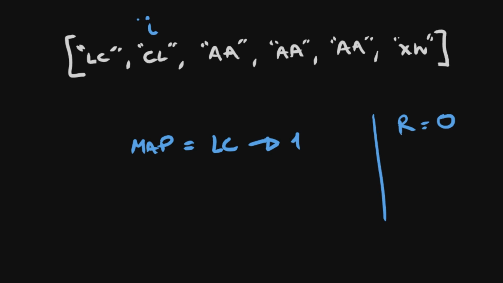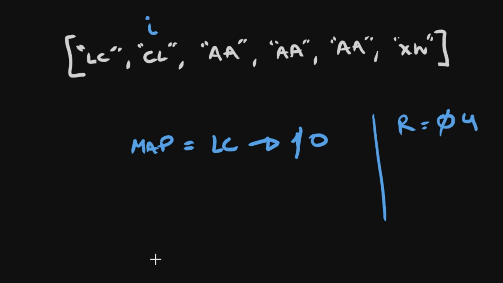Next, we update the i pointer and we are checking if we have LC in our map. And we do, it's here. So in this case, we can remove this from the map. So this is now 0 and we can add 4 to the result. Why?